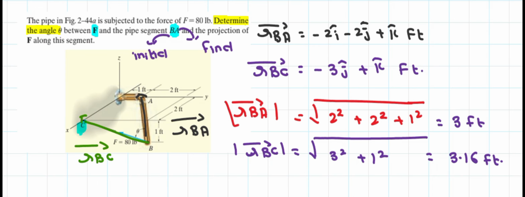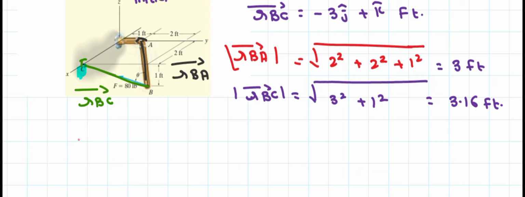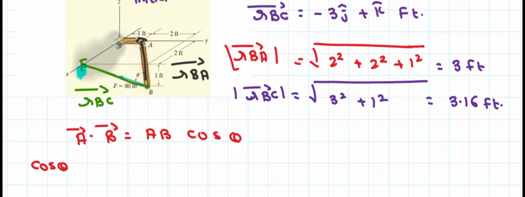Whenever we are going to find out the angle between two vectors, we have to apply the dot product formula. The formula of dot product is A dot B, which is equal to AB cos theta, where theta is the angle between the A vector and the B vector. So cos theta is equal to A dot B upon AB. Let's suppose the A vector is our RBA vector, and the B vector is our RBC vector.